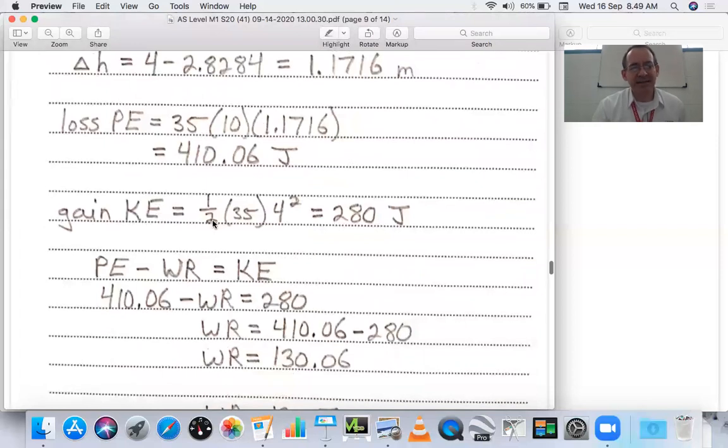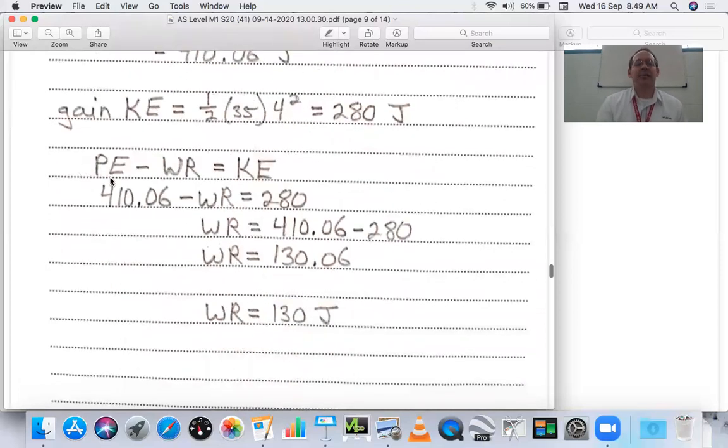Our gain in kinetic energy, because we now know the velocity of 4 meters per second, and again the initial was 0, so that cancels out the second part. So 1/2 times 35 times 4 squared gives us a gain of kinetic energy of 280 joules.